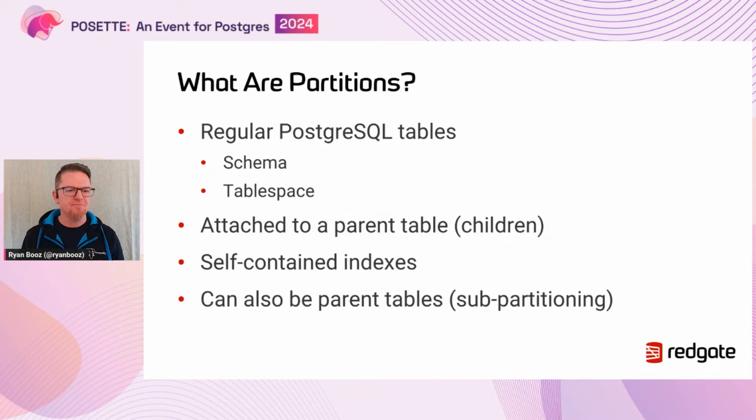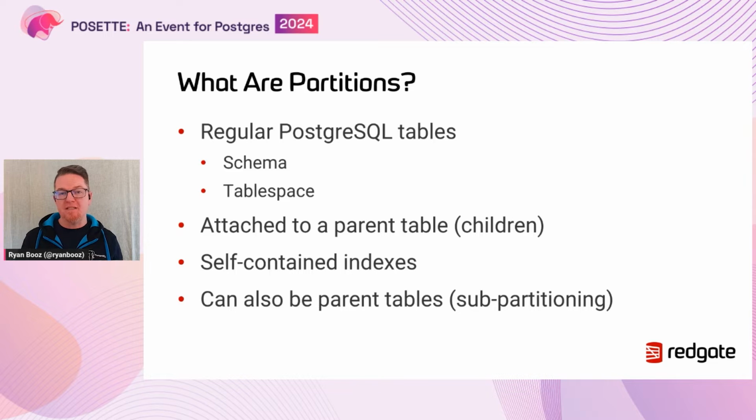So what are partitions? In Postgres, partitions are really regular tables. Now, they're tables in today's versions of Postgres that we don't actually maintain. We create one parent table, and we then go ahead and allow the process to create the children tables that actually store the data. And they're regular. They have schema.